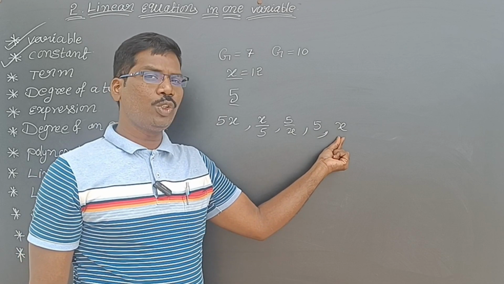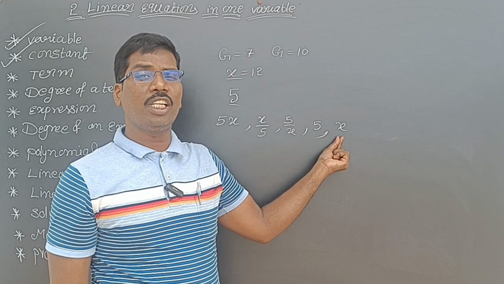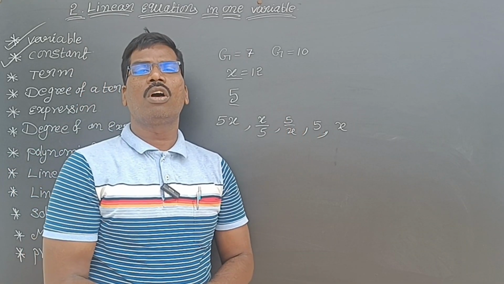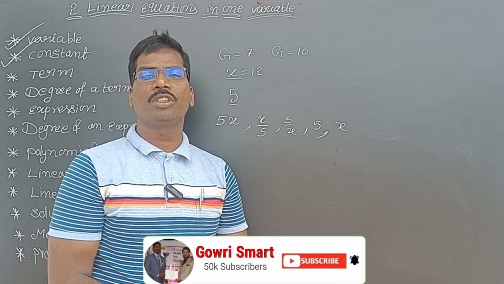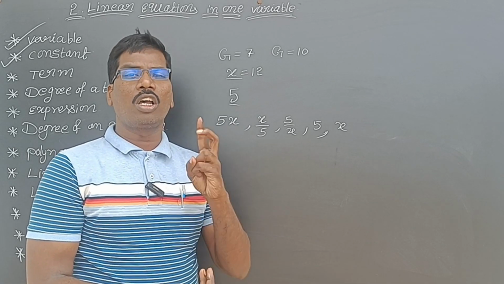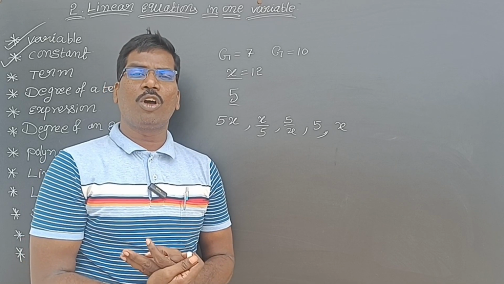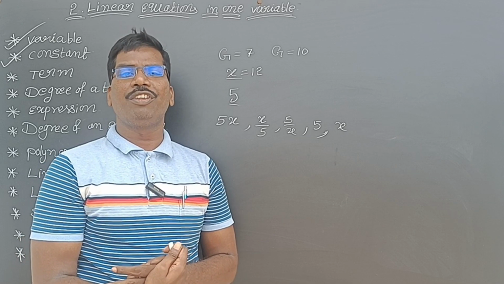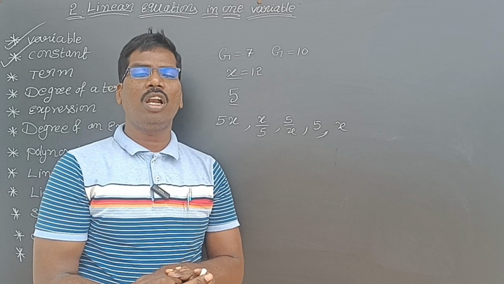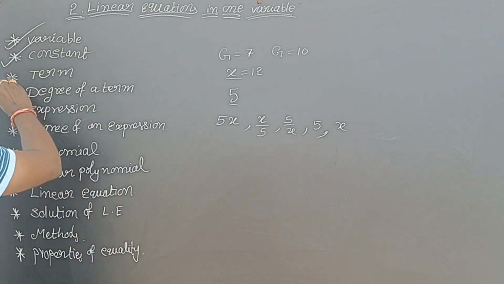The combination of these two with only the fundamental operations multiplication and division are also called terms. So a term is a variable alone, a constant alone, or the combination of both with multiplication and division.